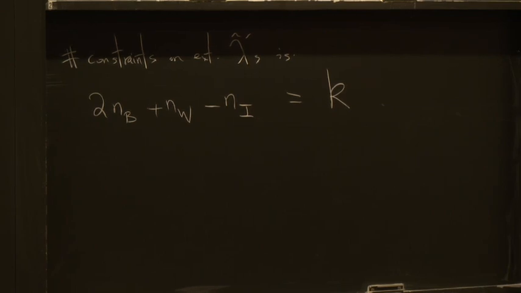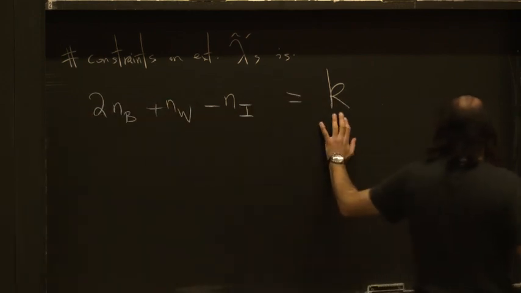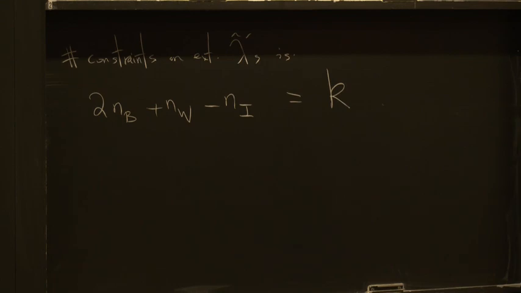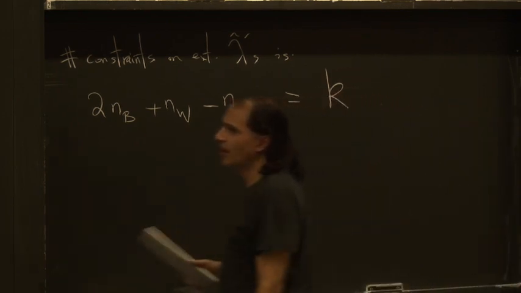Every one is a d4 eta tilde I. Okay, so the total weight that I have in the end is 4 times 2nb plus nw minus ni. Right? So I'm going to end up having a total of k constraints on the external lambda tildes, which is that k is the same as the super degree of this on-shell diagram.